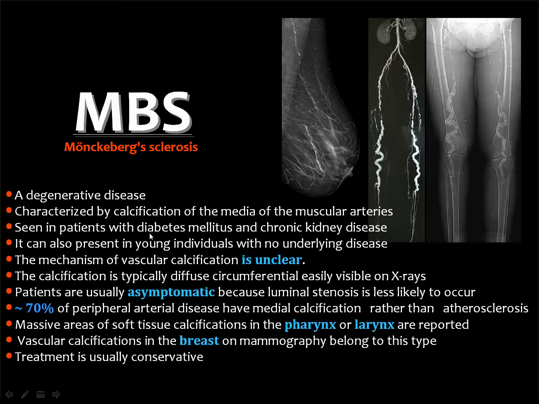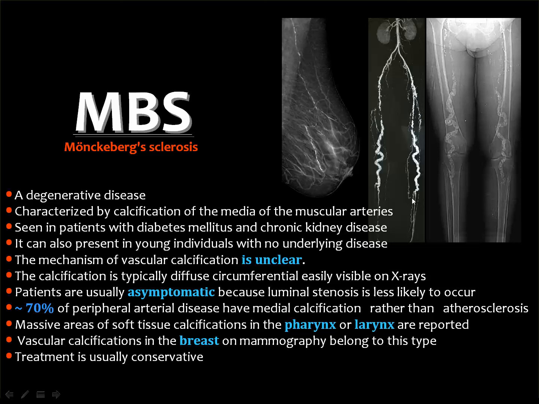It is seen also in diabetics and in patients with chronic kidney disease, and it may be seen also in young individuals without a clear underlying etiology. The mechanism of this disease is not yet fully understood, and most of the patients are usually asymptomatic because this disease does not cause narrowing or occlusion of the vessels.